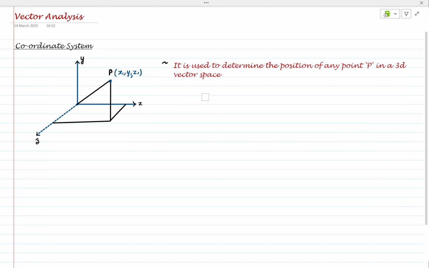Now, if I talk about it, is there only the XYZ single coordinate system? No. See, from your childhood, you have only seen the XYZ coordinate system, but in reality, or in the case of electromagnetic theory, there are a total of three kinds of coordinate systems. Number one is the Cartesian coordinate system.